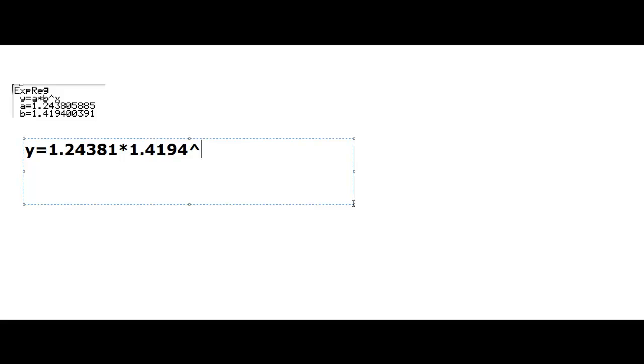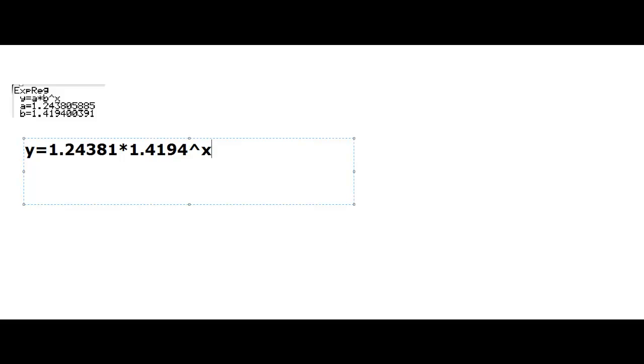So the equation will be of this type: y equals 1.24381 times 1.4194 to the power x. Actually in this case it is t, but the graphing calculator talks about it in terms of powers of x.